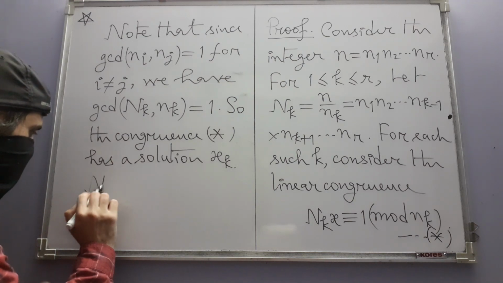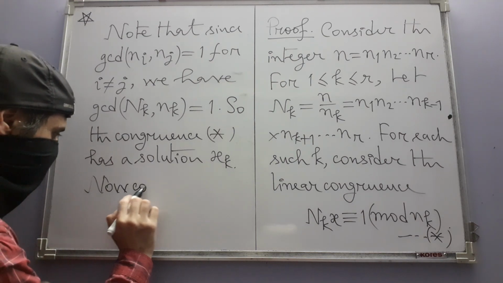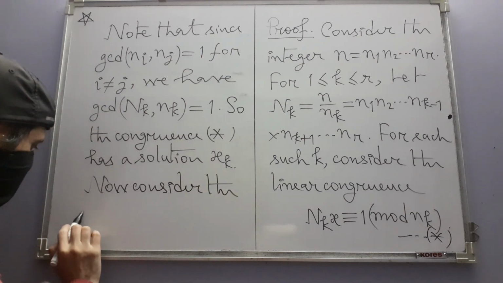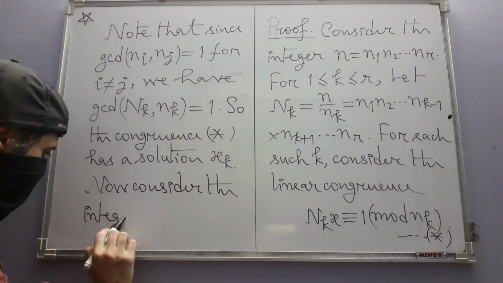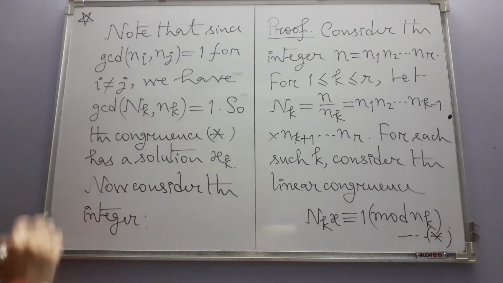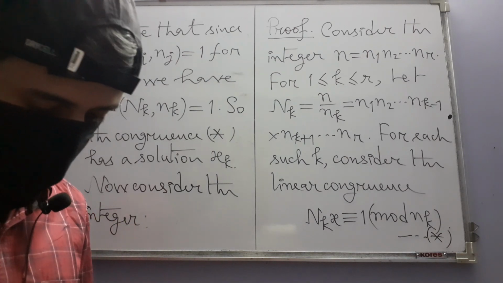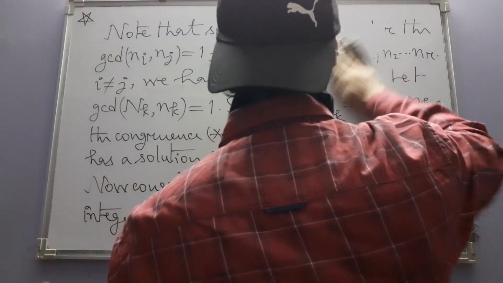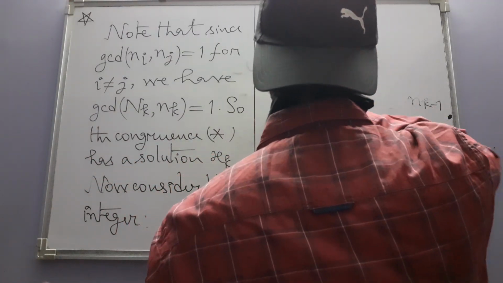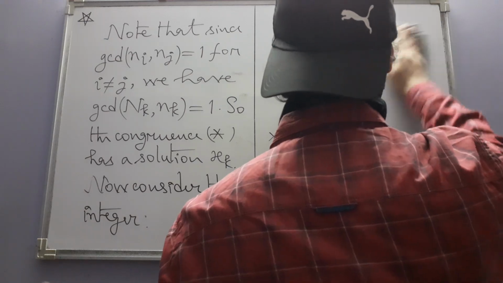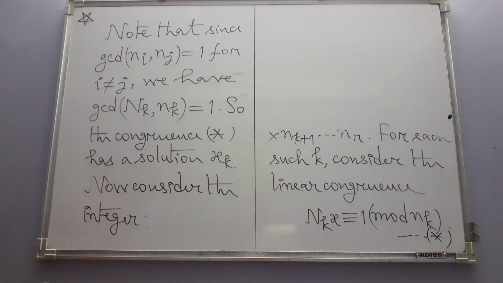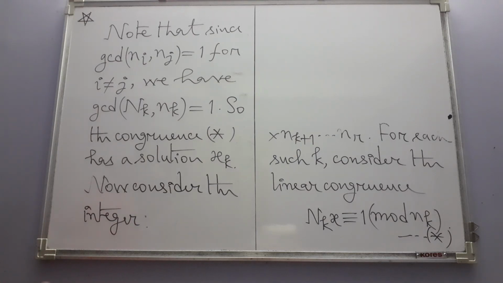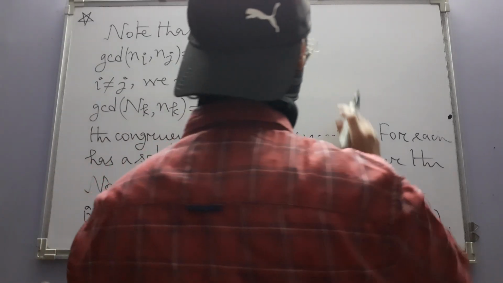Now, consider the following integer. With the help of these solutions xk, we are now going to write an integer that will involve everything, all the small nks, xks, everything. Like this.